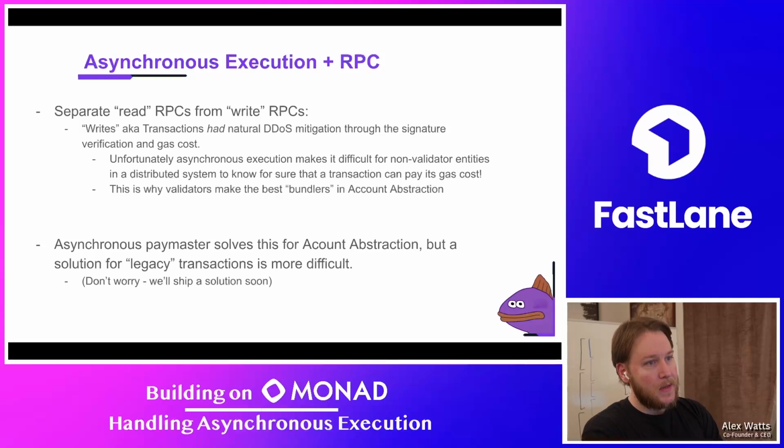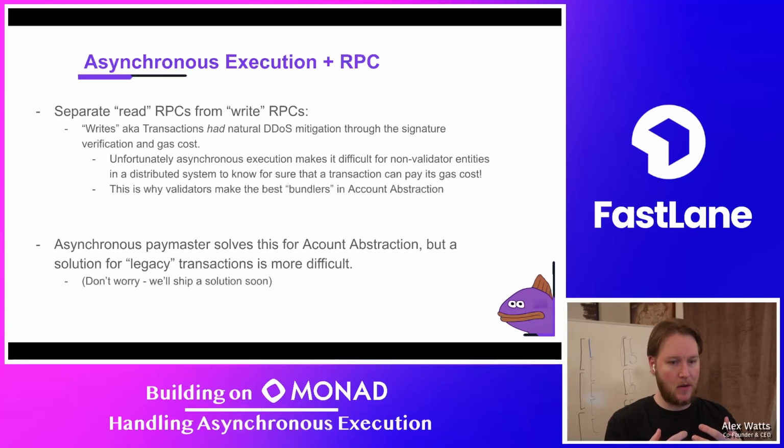And so one of the things that we are very interested in doing is separating reads from writes. With blockchains, by the way, a write is just a transaction that updates the state. Reads, or view calls, as some people might refer to them, are just reads. It's things like getting balances, getting exchange rates, getting how much an option costs, getting what type of Kuru NFT monster you have. These are reads.